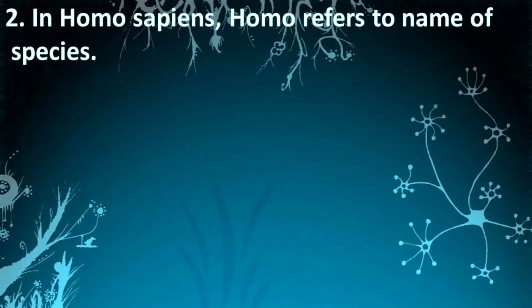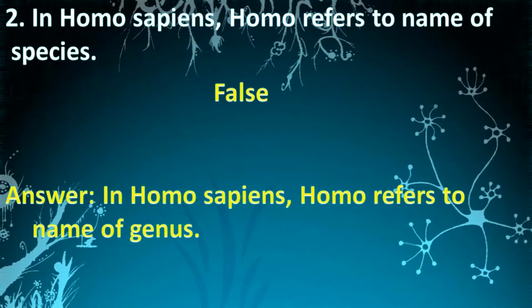Next question. In Homo sapiens, Homo refers to name of species. Answer is false. Correct statement is in Homo sapiens, Homo refers to name of genus. Next question.